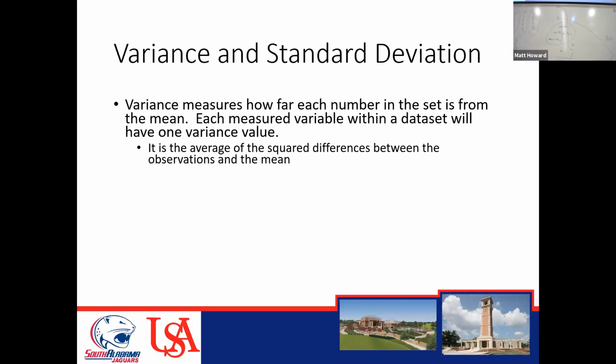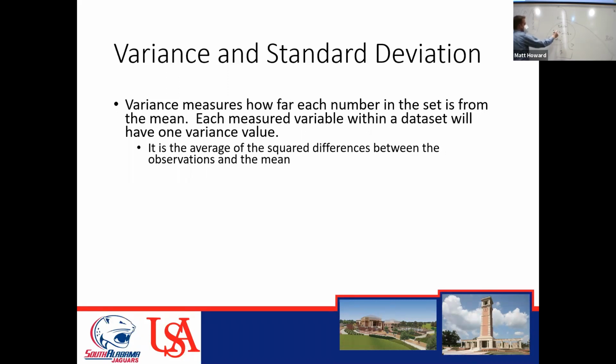But mathematically, the variance is the average of the squared differences between the observations and the mean. So if this is a mean of 5, and this is 1, 2, and 4, the difference with this would be 4, so it would be 4 squared.